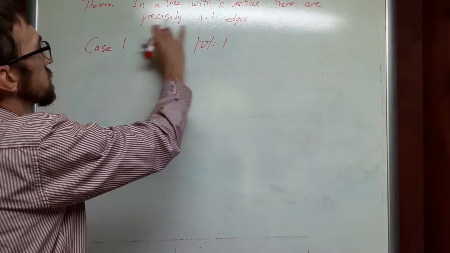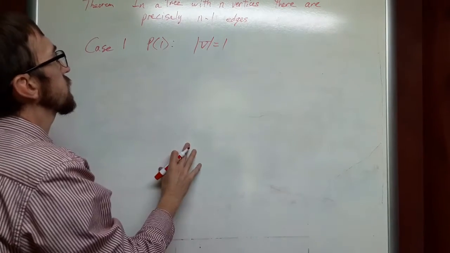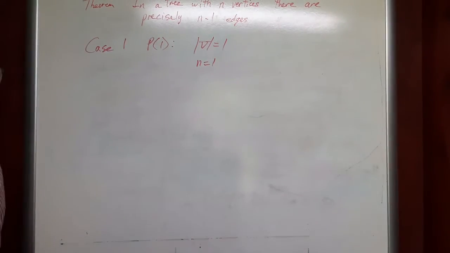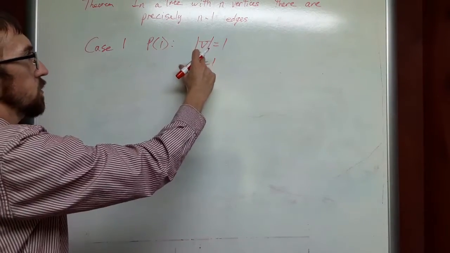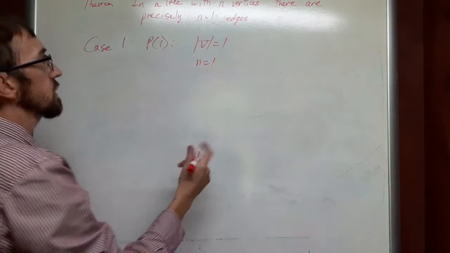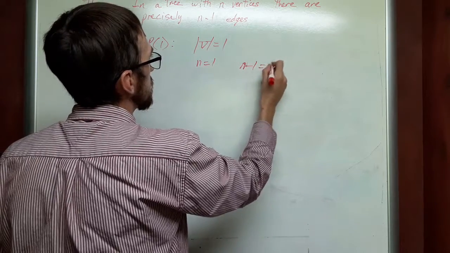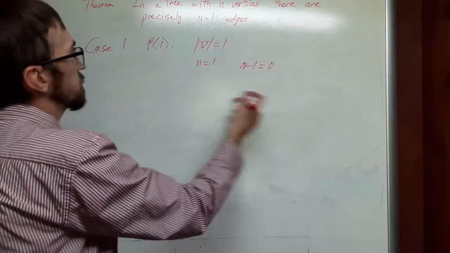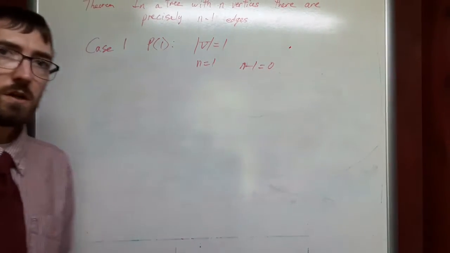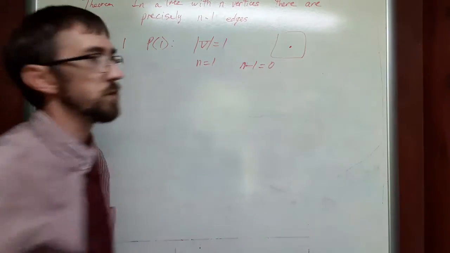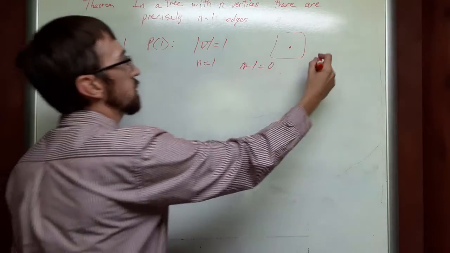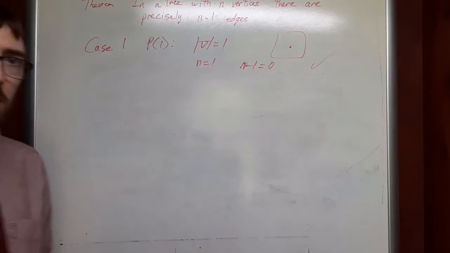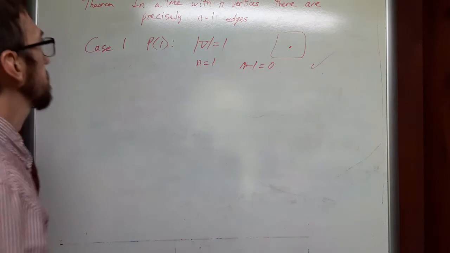Is this true? n is equal to 1, because that's the order of the set of vertices. n minus 1 is equal to 0, and the number of edges in our graph of the trivial tree is in fact 0. So this case is true. So this theorem works even for the trivial tree.